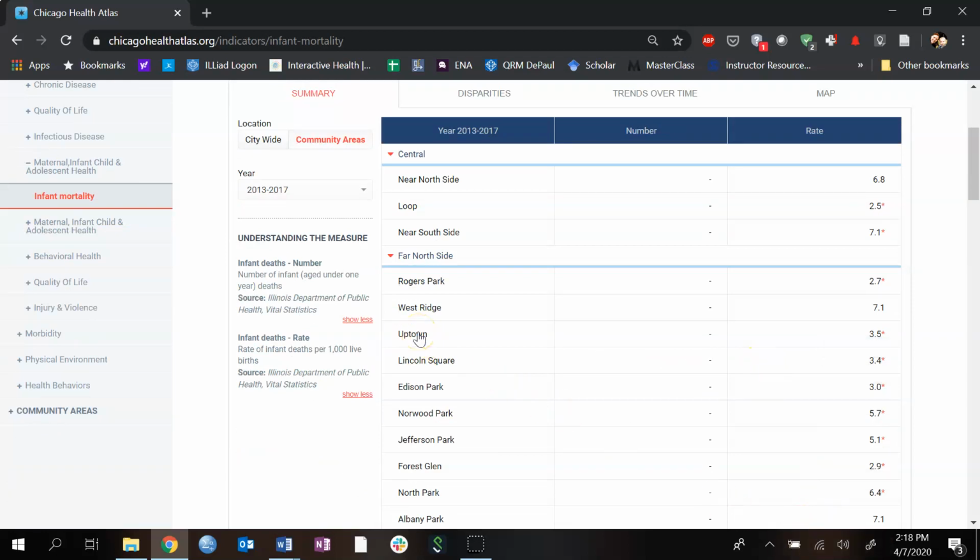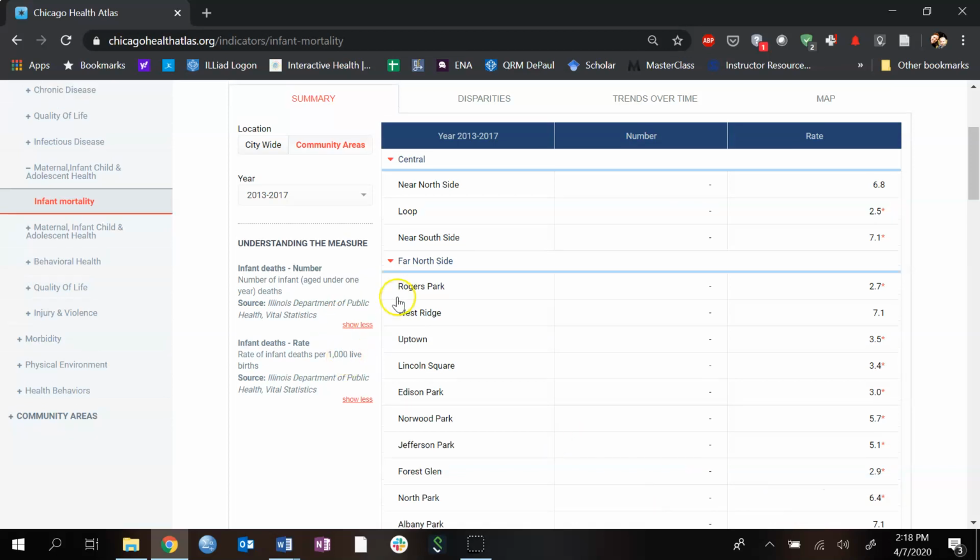Essentially, the infant mortality rates for 2013, 2014, 2015, 2016, 2017 were averaged together. So over this period, there were on average 2.7 deaths per thousand births in Rogers Park, 7.1 deaths per thousand births in Albany Park, so on and so forth.